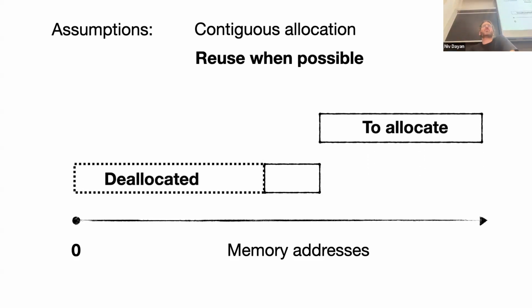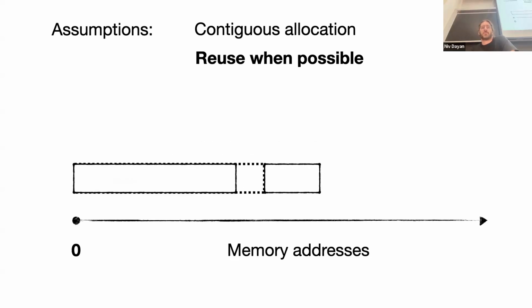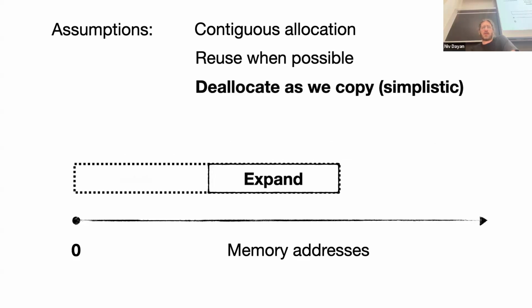We're also going to assume that we can reuse space whenever possible. So if we've deallocated this part and we're trying to allocate this and it fits over here, we'll reuse that. Here's a simplistic assumption, but we're going to assume that as we expand something, we can deallocate this on the fly and start reusing the space as we're rewriting the new version.